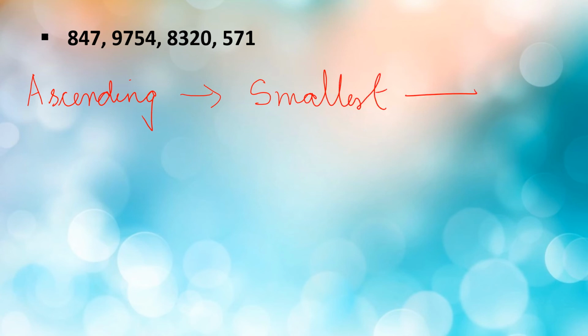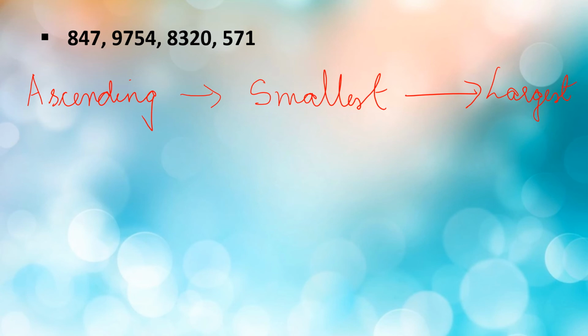We have four different numbers given here. Now we are going to arrange these numbers in the ascending order. So what do you mean by ascending order? Yes, you are going to arrange them from smallest to largest.